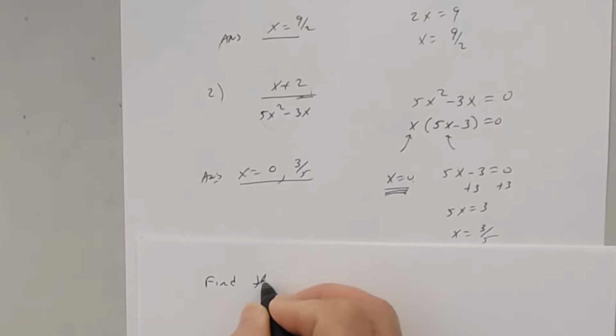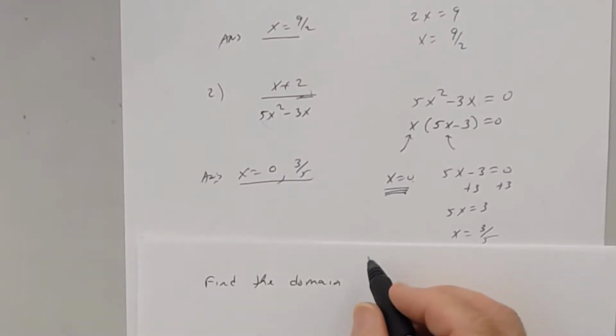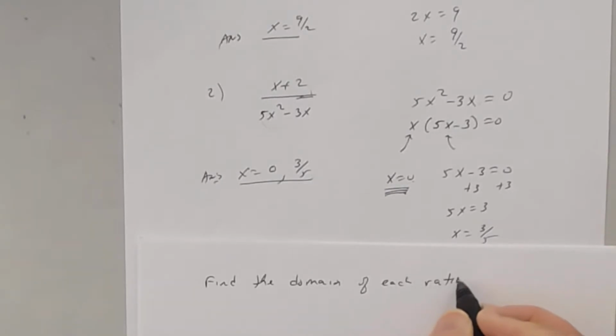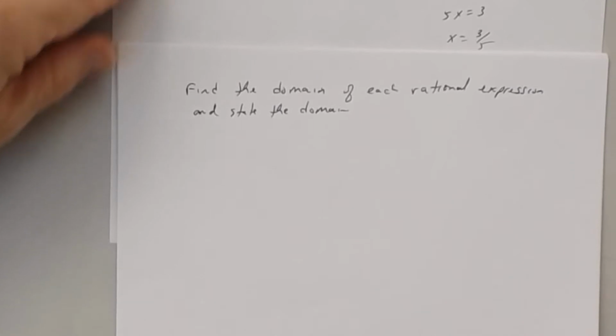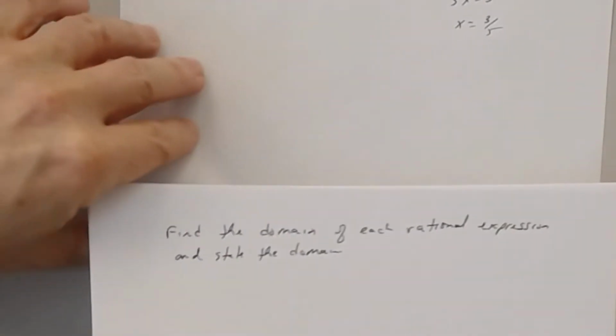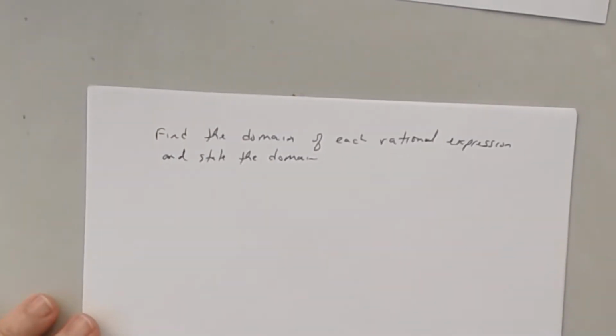All right, let's find the domain of each rational expression and state the domain. So write the domain, or find the domain of each rational expression, and then you want to state the domain in set notation.